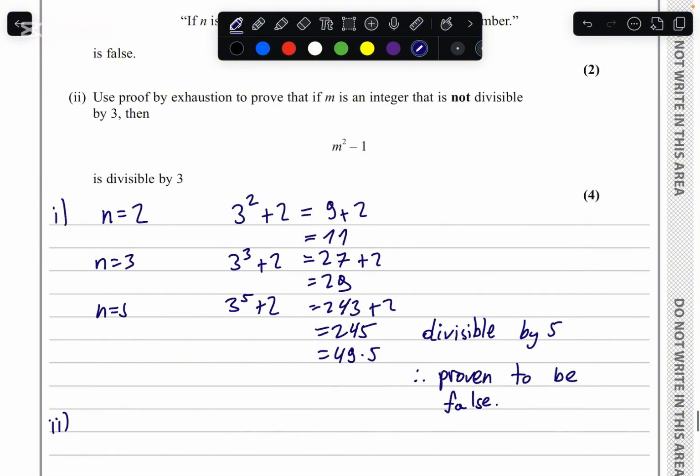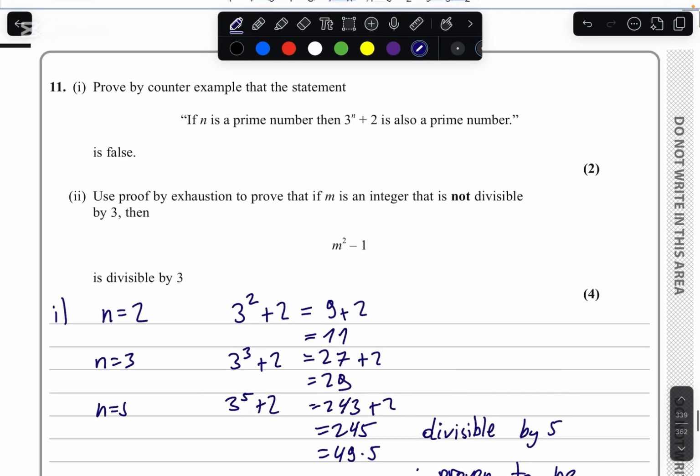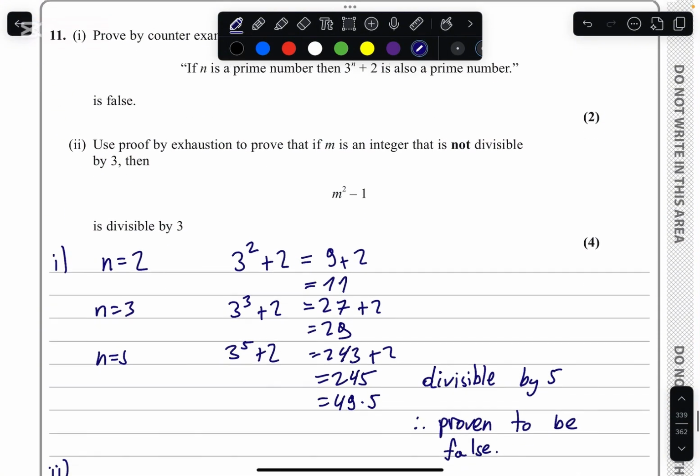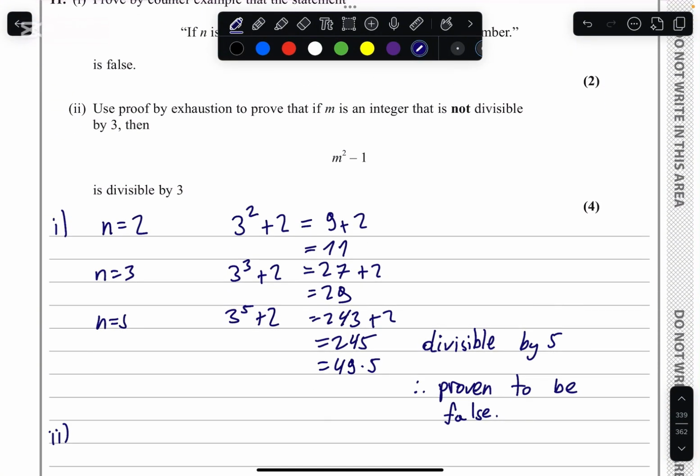In part II, it tells us to use proof by exhaustion to prove that if m is an integer that is not divisible by 3, then m squared minus 1 is divisible by 3. Proof by exhaustion is different from proof by counterexample, because you need to show that for every possible number, it will be true.